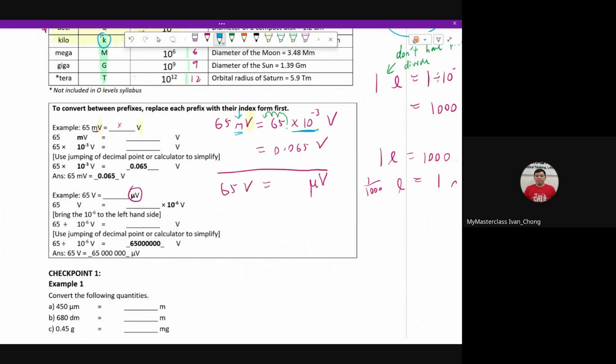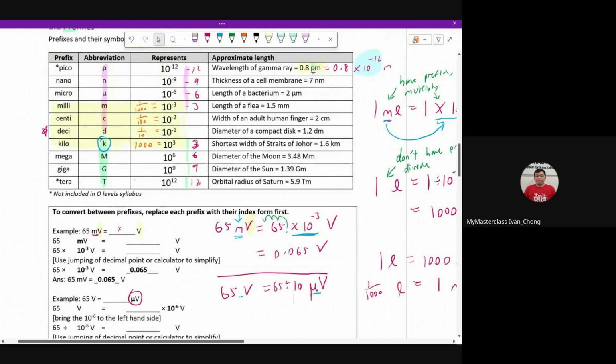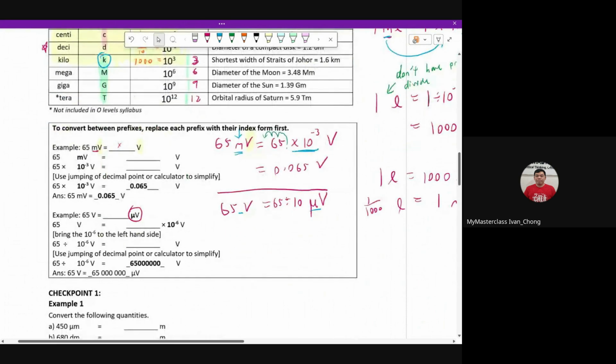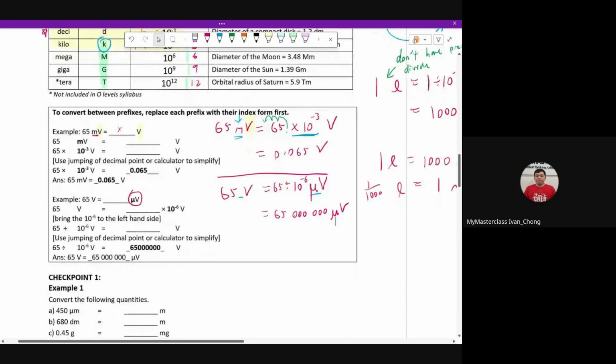So we don't have the prefix. The prefix is on the other side, so we will divide. Divide by how much? Micro is something new, so let's use the table. It's -6, so we divide by -6. You actually end up with a very large number over here. Unfortunately, because we're dealing with this kind of weird looking number, we will just press the calculator to make things simpler.